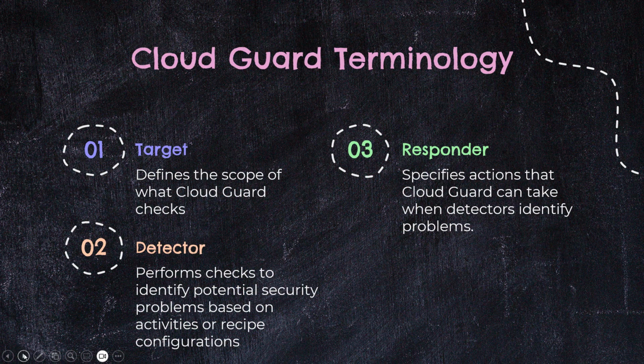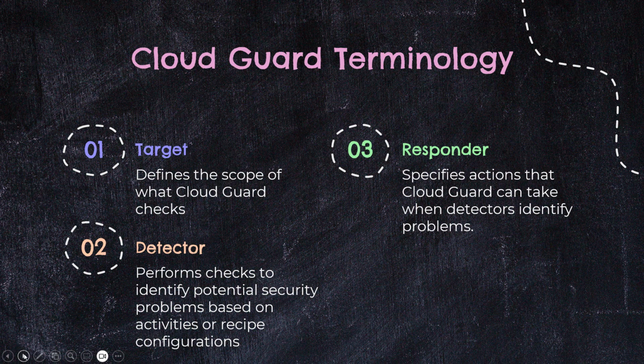And the terminology of Cloud Guard. Number one, target. The target is where we define the scope. What Cloud Guard checks is called the target. Our target can be an instance, a compartment, or each workload. Then the detector. The detector checks for any threats in your target based on a predefined set of configuration.